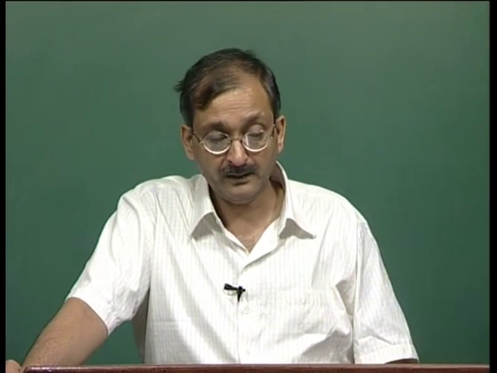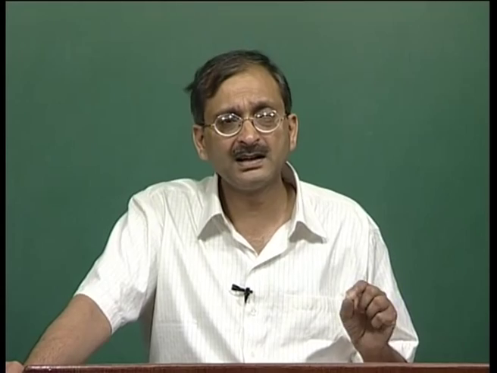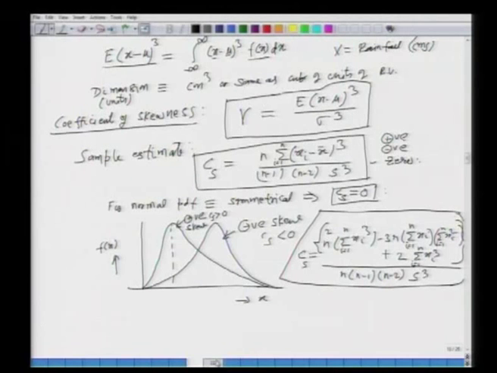So, this way you see we have seen 3 different types of statistical parameters, which give us some idea about the characteristic of the PDF. Just to summarize, if you have some PDF like this, the mean will tell you what?